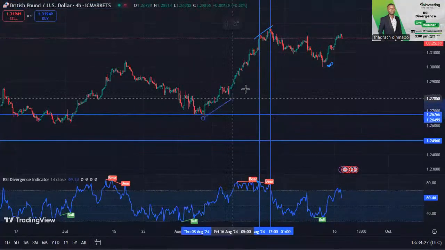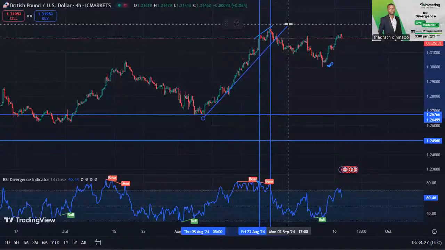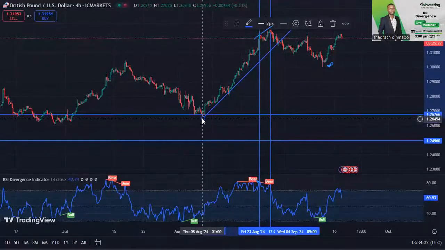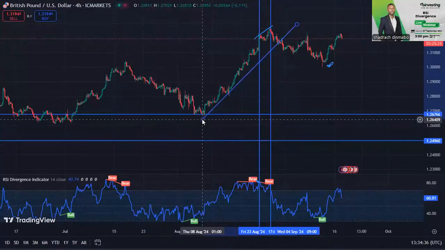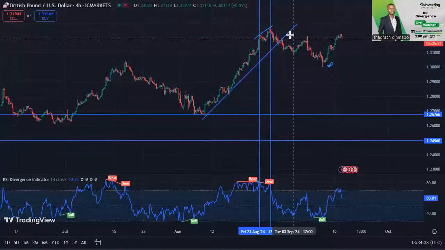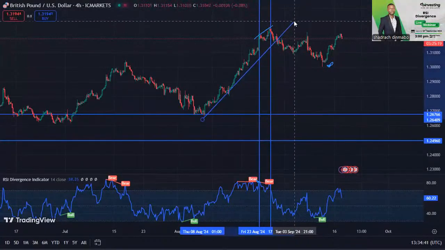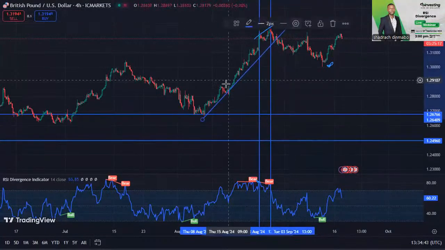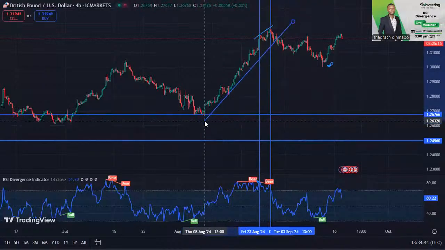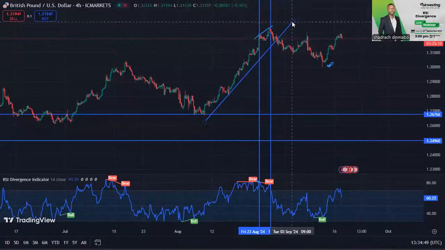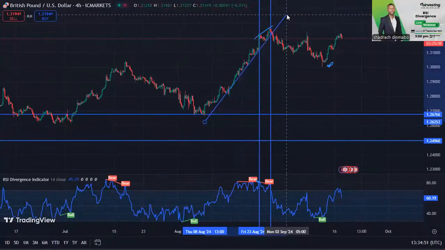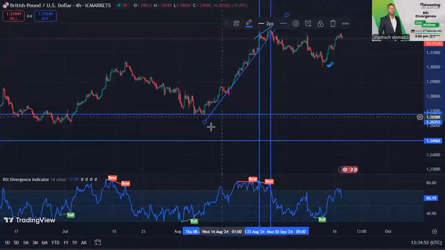And then we see. We want to bring up a trend line structure. All right, so we have a trend line here.